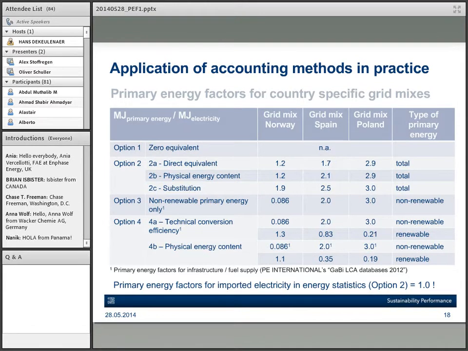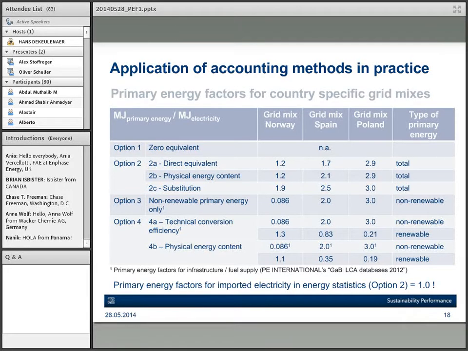And if you look on Spain, it's definitely the case that it's very difficult to understand the numbers because of this very diverse mix of energy sources. So we have 1.7 in the direct equivalent method and 2.5 in the substitution, so there's already a big difference.